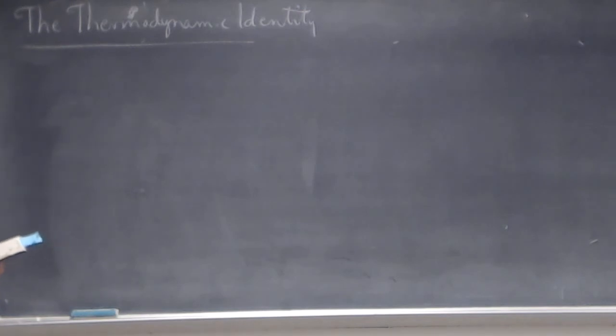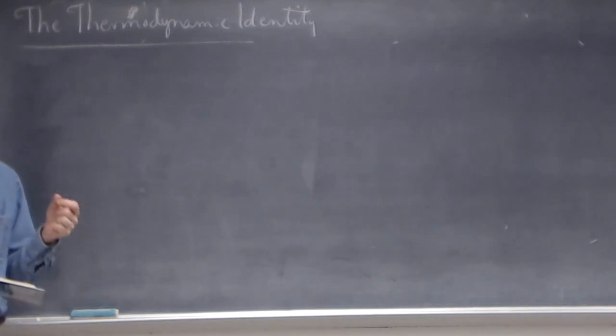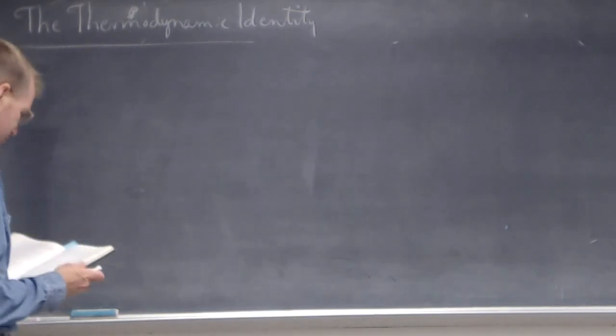So, we're going to start off to answer the question, considering a process in which you change both energy and volume by small amounts, how much does the entropy change?